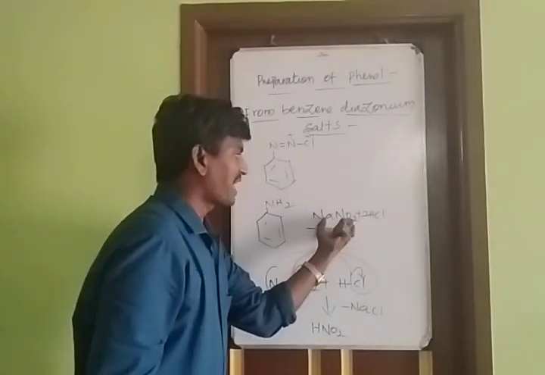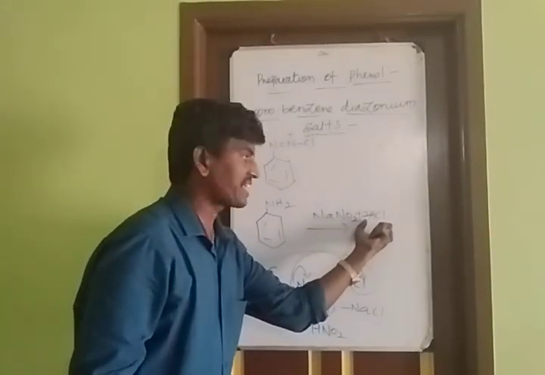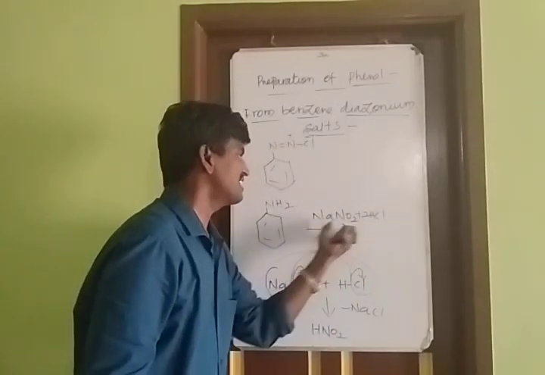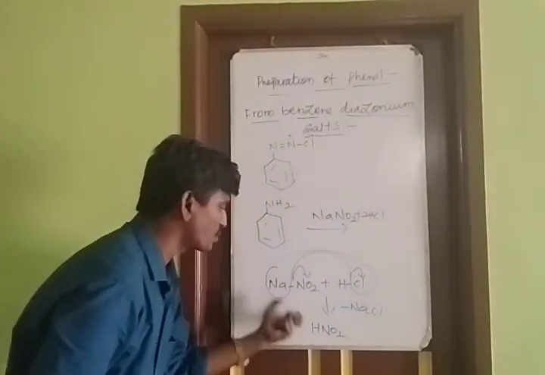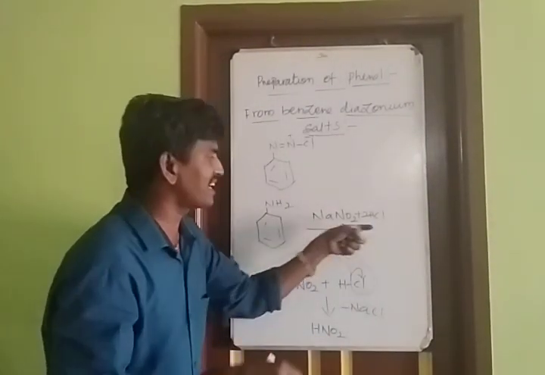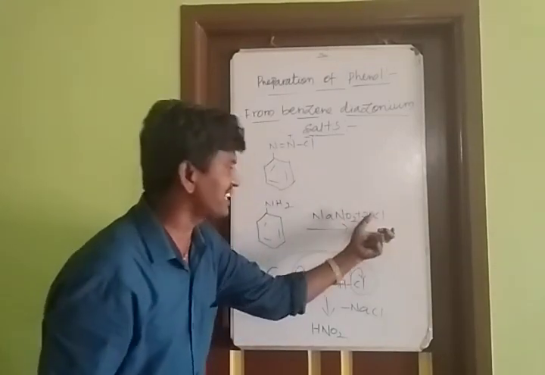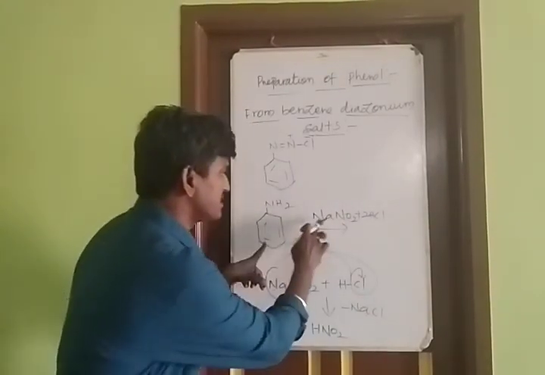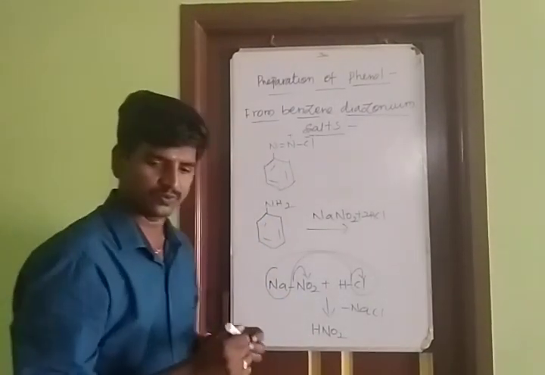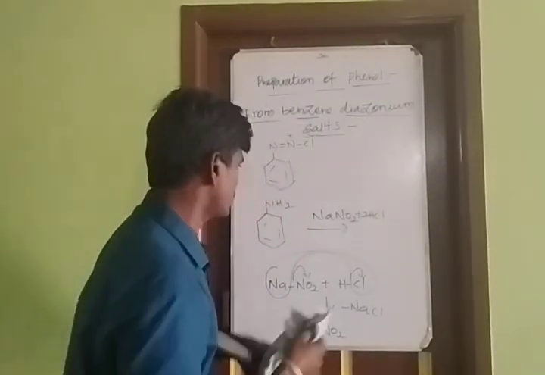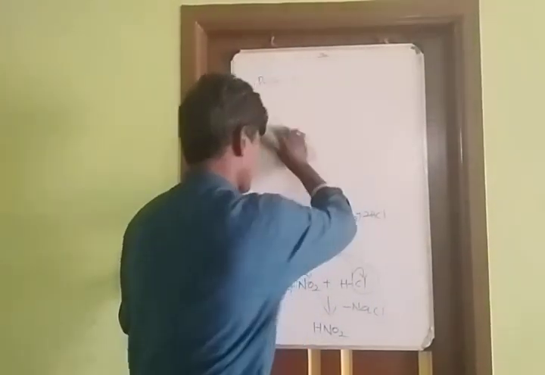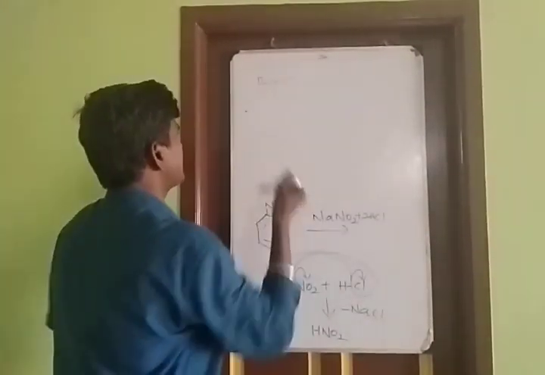When sodium nitrite reacts with hydrochloric acid, actually we have to add 2 moles of HCl, but 1 mole of HCl reacts with 1 mole of NaNO2, it becomes HNO2. So another 1 mole hydrochloric acid is the unreacted HCl. Listen here. This NaNO2 reacts with HCl, it becomes HNO2. Aniline.